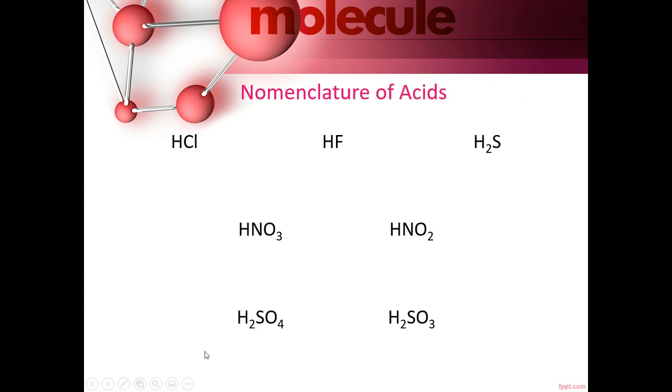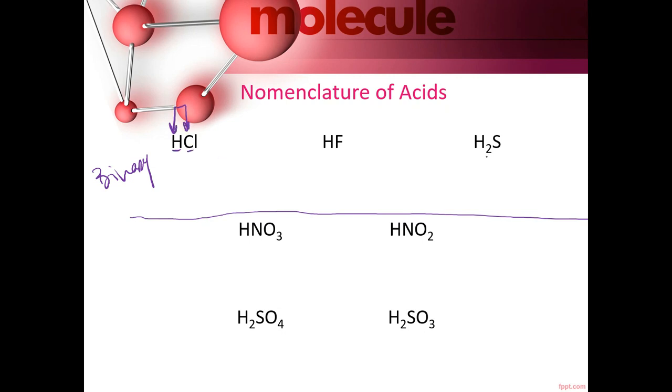One more slide. Let's talk about how to name acids. So there are 2 kinds of acids that we need to know about. We have these guys that are binary because they're made of 2 things, hydrogen and one other thing. 1, 2. Yeah, over here you're like, but wait, there's 3 things, 2 hydrogens and a sulfur. There's only 2 elements, hydrogen and sulfur. So even though we have multiples of the same element, we still only have 2 elements.